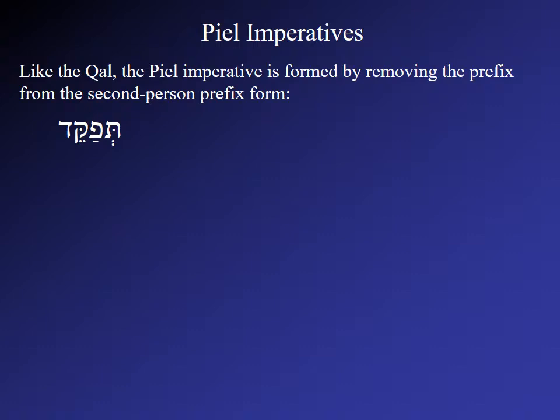Remember the Piel prefix strong form has the shva under the prefix and then the a vowel pattern and the dagesh in the second radical. So if we remove our prefix, then we get paked. And this is just the masculine singular Piel imperative form, paked. Notice the vowels here are simply replicated over here. No changes whatsoever. This means visit, you masculine singular entity.